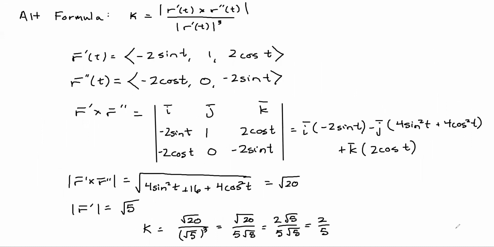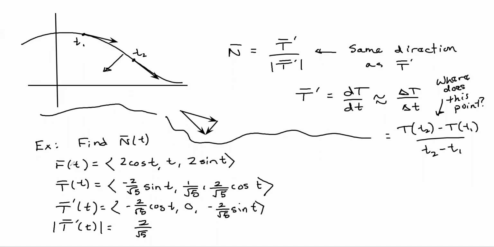All right, so you can use r to find T. The way that we did that is on the previous page, but you can look that up. Once you've got T, you can differentiate it and find its length.